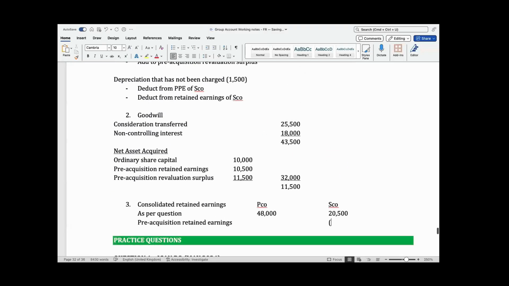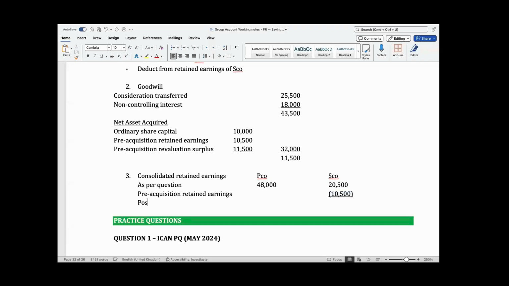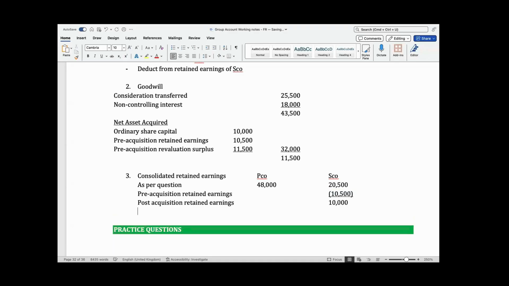What's the pre-acquisition with 10,500. What's the post-acquisition retained earnings? 10,000.